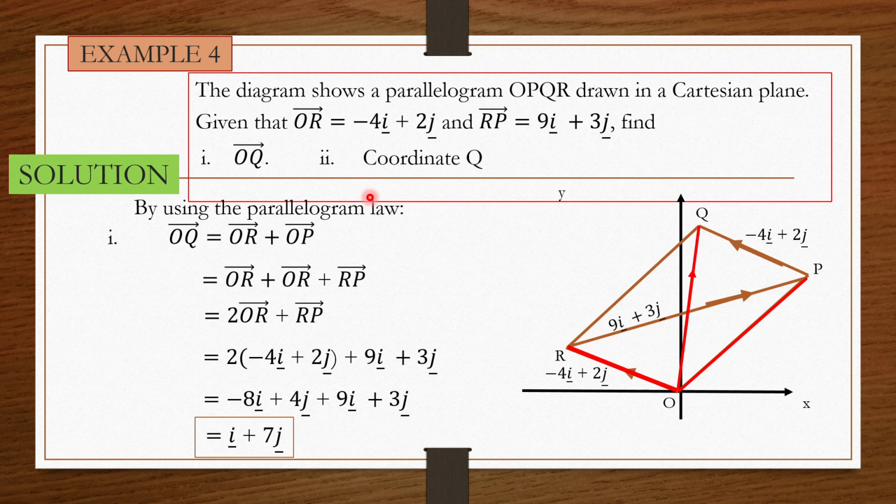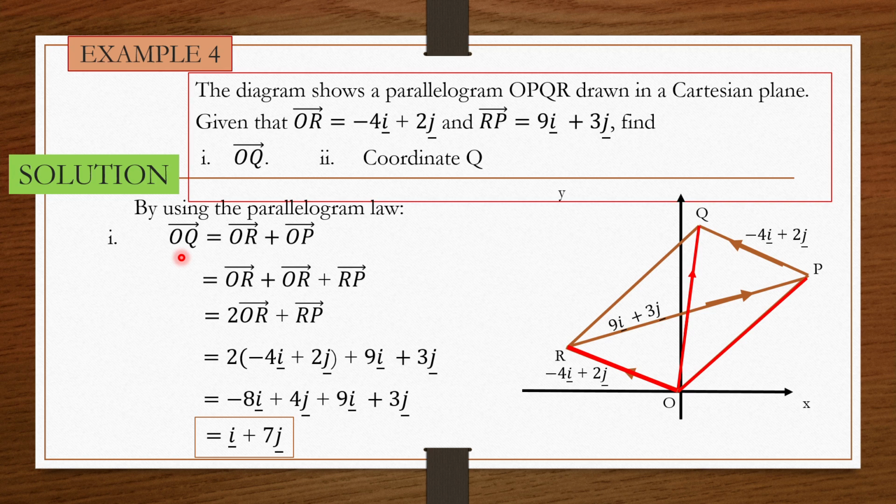Next, you are asked to find the coordinate Q. Now remember, OQ is a position vector. So what is a position vector? A position vector is a vector that originates from the origin to a certain point.